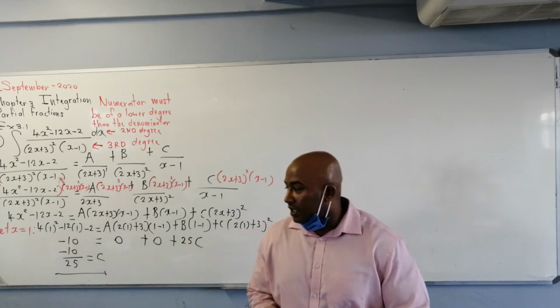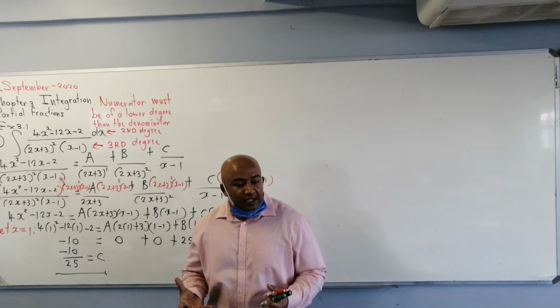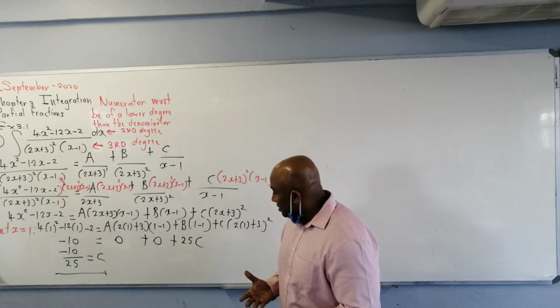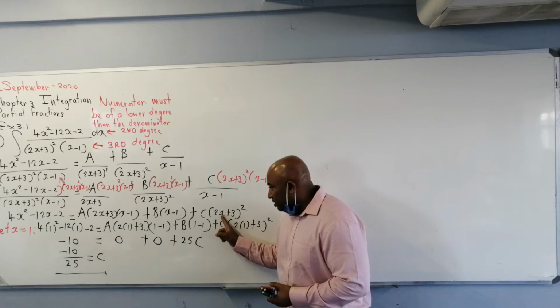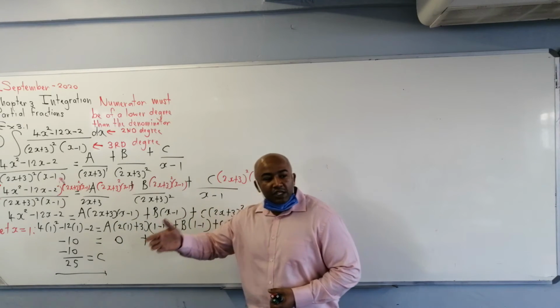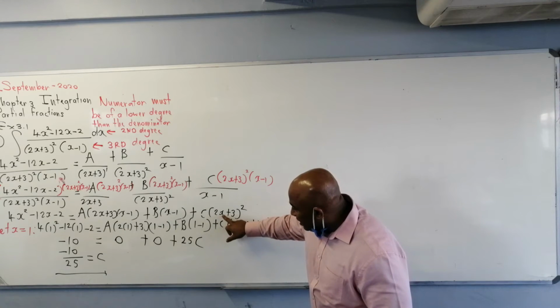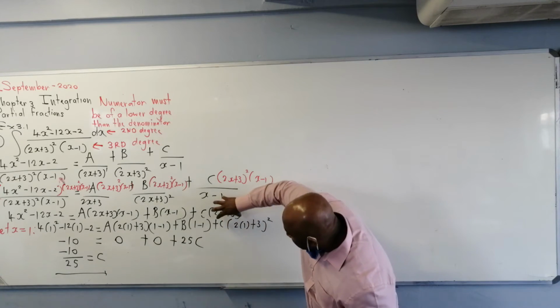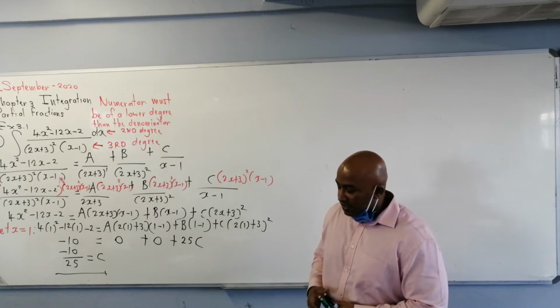Now my next substitution, again, I want to try and make it easier and faster to work out. So is it possible for me to substitute? Look at the other factor now. We're done with the x minus 1. You've substituted 1, you got 0. Now, is there a value that I can substitute that will result in this whole thing becoming 0? Yes, there is.